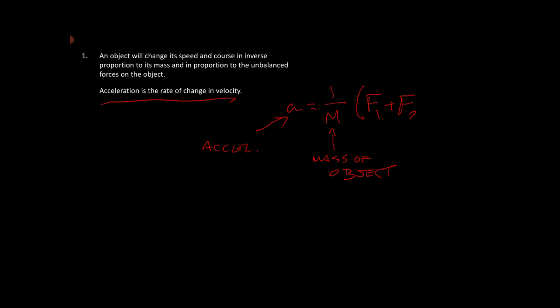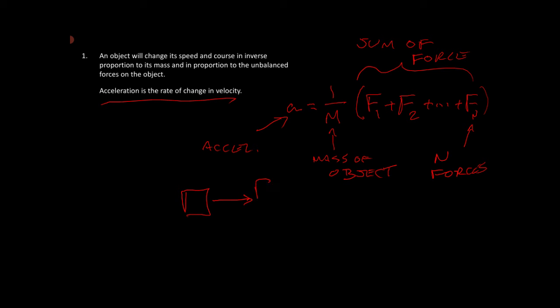Now these forces can be positive or negative depending on which direction, and here there are n forces. This is the sum of the forces. A negative force tends to balance out a positive force, but the negative just means what direction the force is pointing.